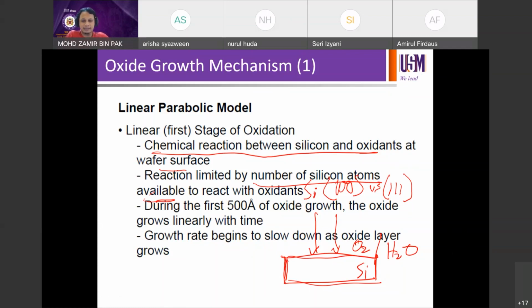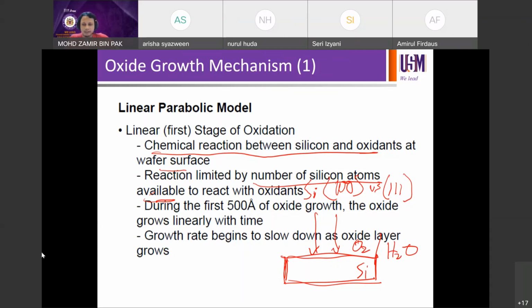Yang mana yang denser? Anyone? Any guess? Zik 100, okay. Others? Can write it down. Ifah. Farzana, what do you think? 100 or 111? Yang mana yang denser?